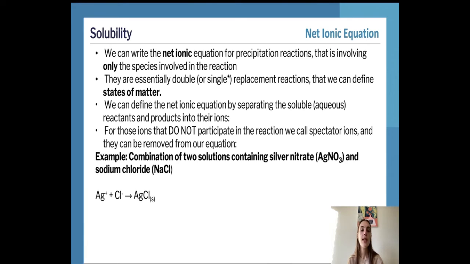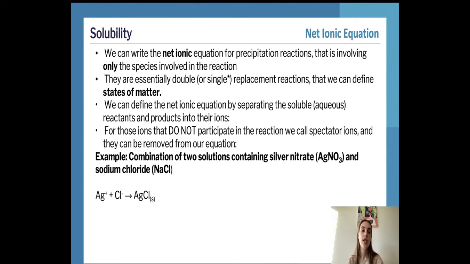So when we're considering the combination of the two solutions containing silver nitrate and sodium chloride, we know that the sodium and the nitrate ions don't participate in forming a precipitate, because they are soluble and so just dissolve into the solvent.